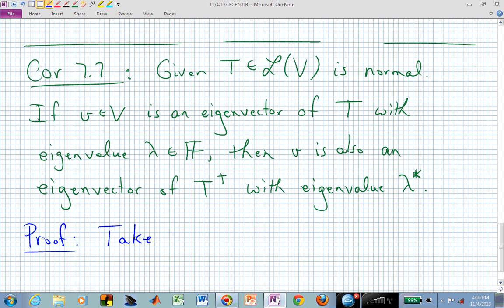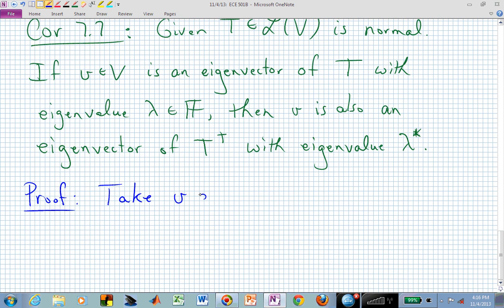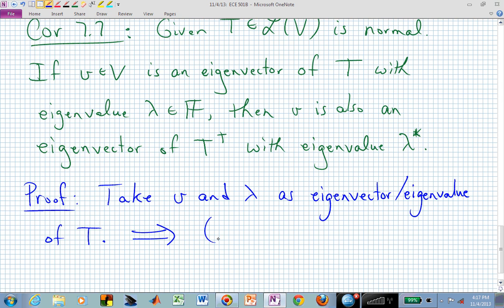To start, let's take what we've already identified in this corollary. Take V and lambda as an eigenvector and eigenvalue of T. If that's true, then we know that V lives in the null space of some map, and this is chapter 5.